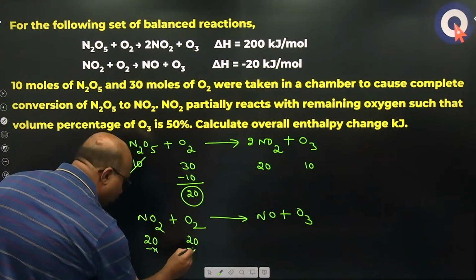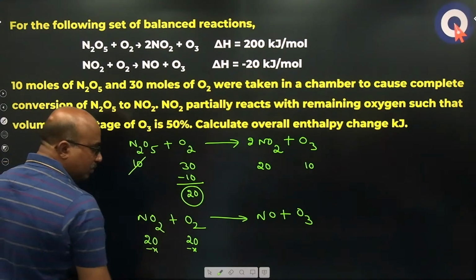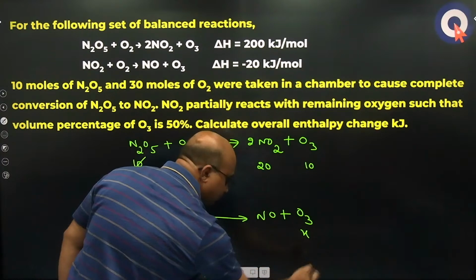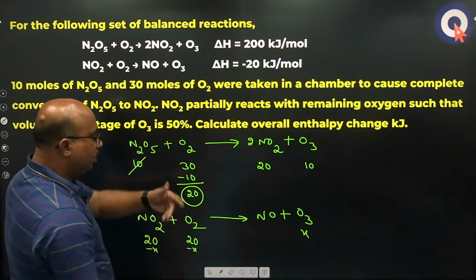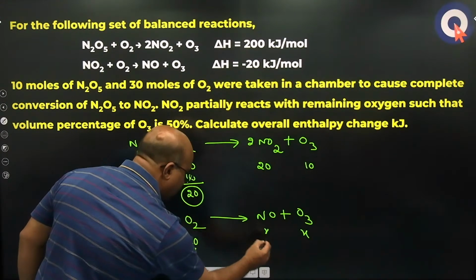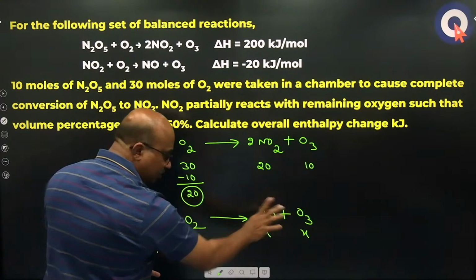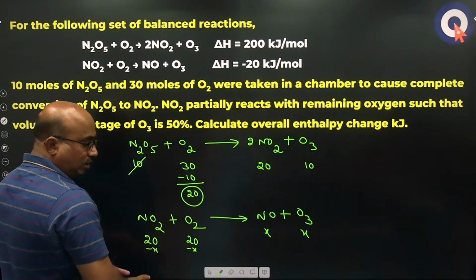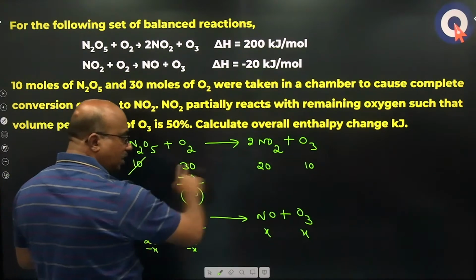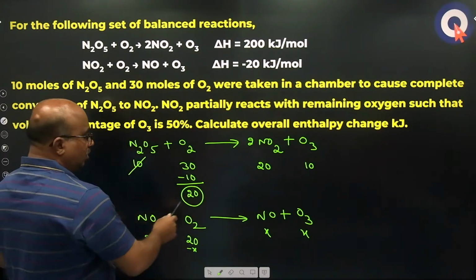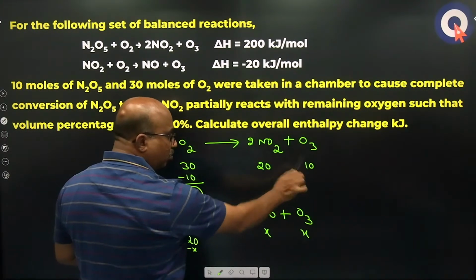Similarly, X amount of this will go, because they react again in a 1:1 ratio, so that you will get X. You can take even this as X. So here X reacts, and you will get X and X. So the overall changes here will not be there with respect to the initial condition. That is, you have 20 here, we have 20 here, we have 10 moles here.